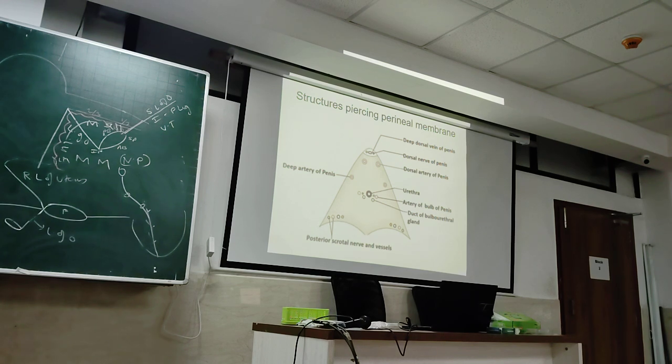That's why the bulbourethral gland opens into the bulbar part of the urethra. The corresponding glands in females are called greater vestibular glands, which open in the space between the urethra and vagina. The greater vestibular glands lie in the superficial space, and they open also in the superficial space. Therefore, the ducts of the greater vestibular glands do not pierce the perineal membrane.